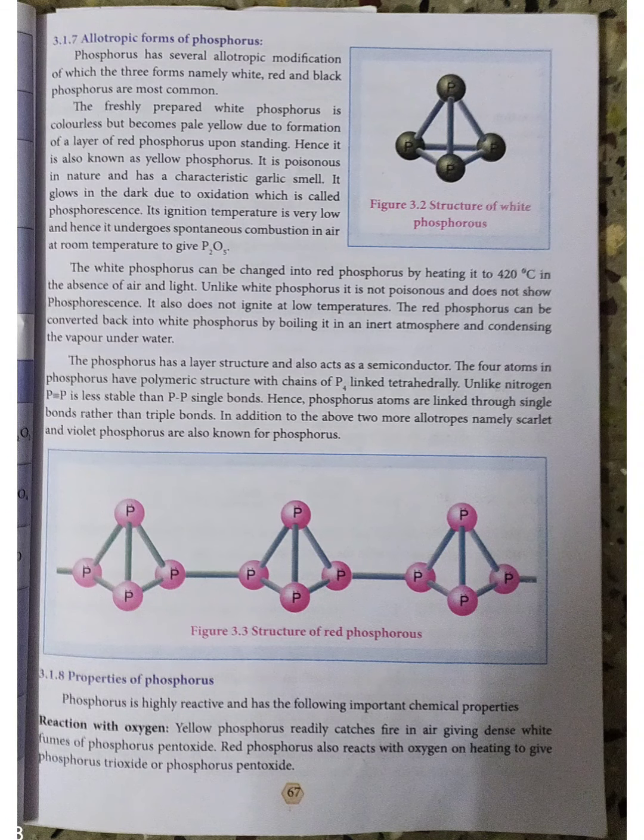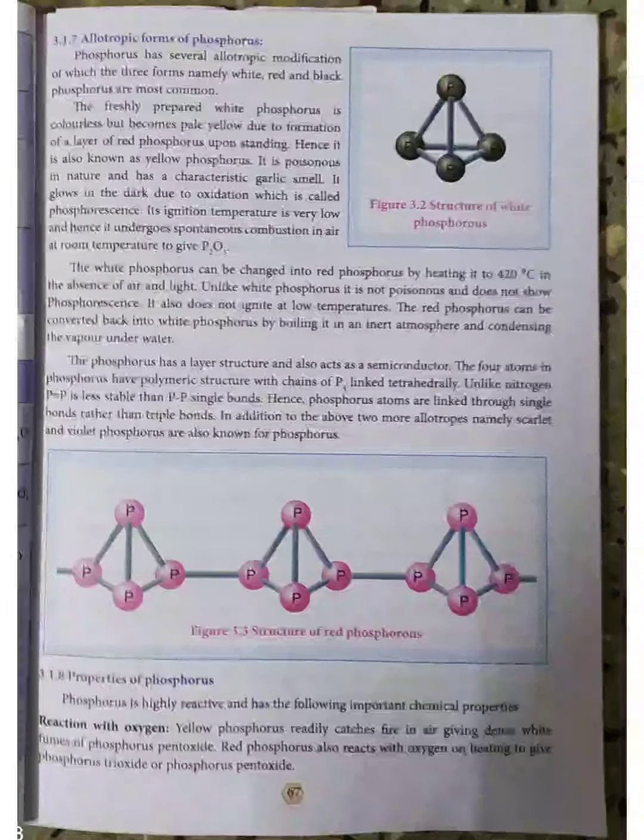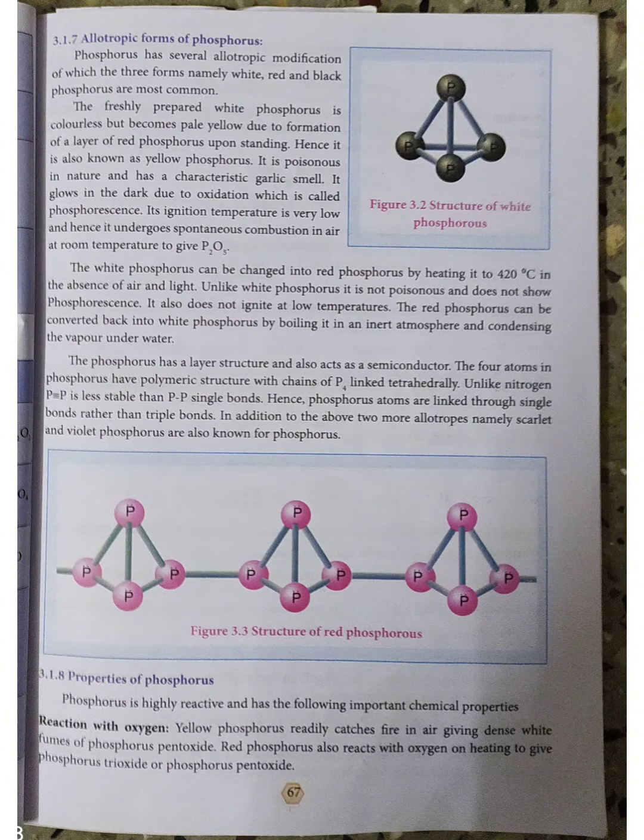Sodium hypophosphite as the product, and phosphine gas will be liberated. Once again I repeat, phosphine is prepared by the action of sodium hydroxide on white phosphorus in an inert atmosphere of carbon dioxide or hydrogen. Understood? It will give phosphine gas as the product.